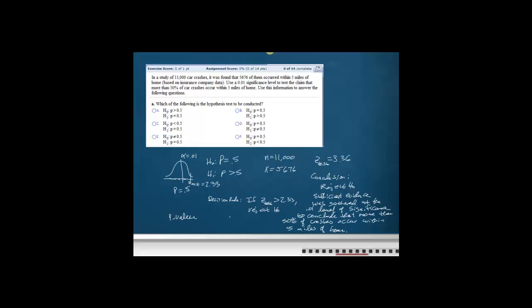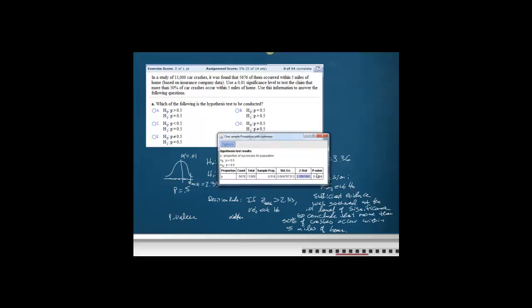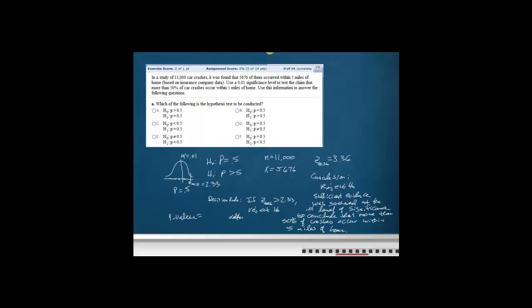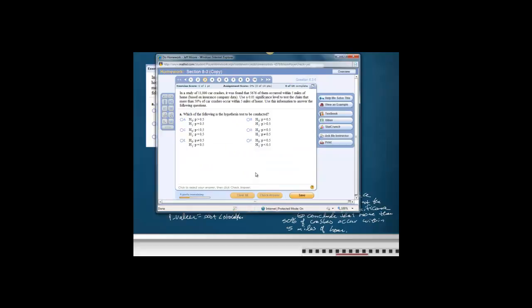We would also draw that same conclusion if we look at the p-value and alpha. The p-value here is 0.0004. Now that is less than 0.01, which is what we had for alpha. So since the p-value is less than alpha, we would reject the null hypothesis. So let's follow through with the parts of this problem.